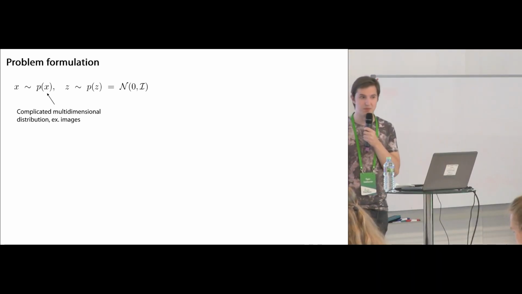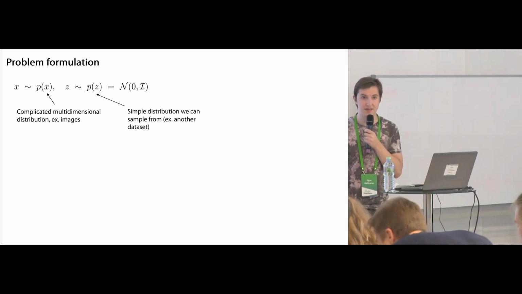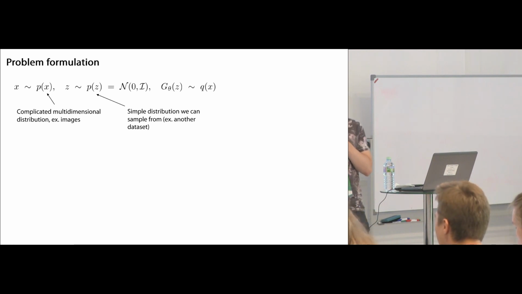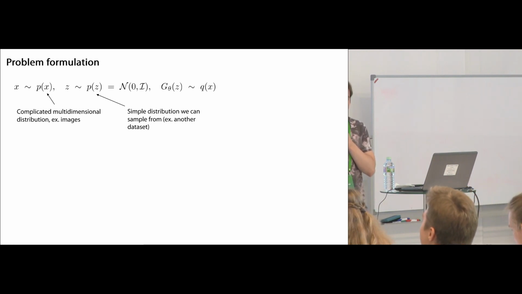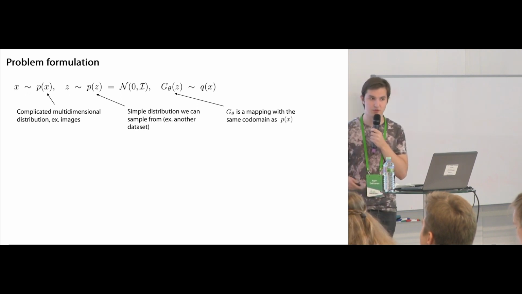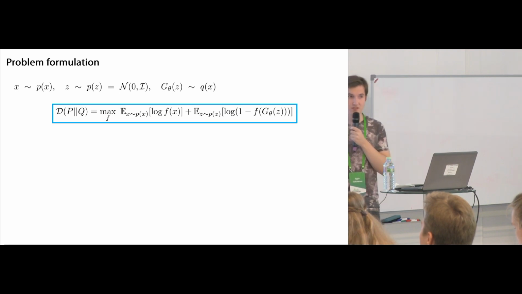And in order to sample from it, we take a distribution which is either simple, like a normal distribution, or just some other data set which we can also sample from, and learn a parameterized mapping between these two distributions. So Q of x has the same support as P of x, and we want to make it as close to P of x as possible. So for that, we're going to use divergence.